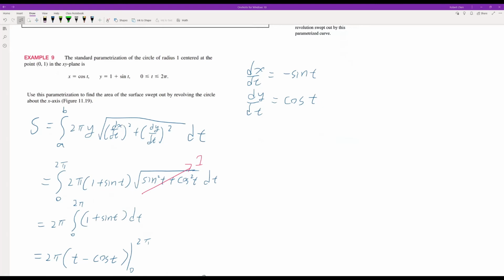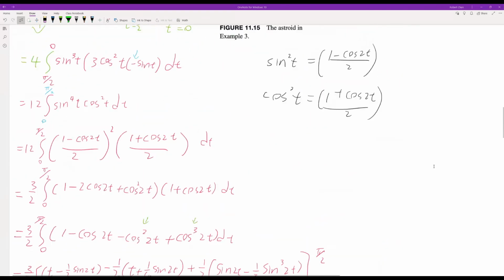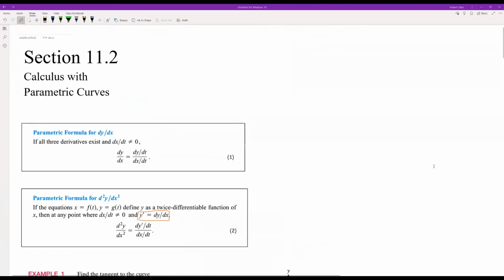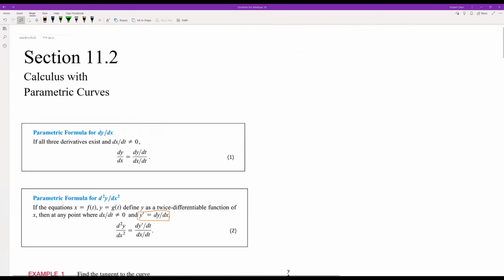For example, textbook example 7 talks about the centroid, and that's one topic we will cover if we have time towards the end of the semester. I believe you will see that in Calc 3 again, so there's no hurry to cover that as of now. That will be all for 11.2, doing calculus with parametric equations. Thank you guys very much, and I'll see you next time.